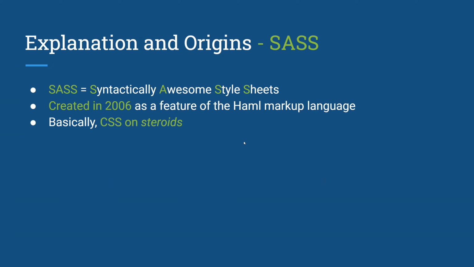It allows you to do everything you can do in CSS, but it allows you to keep your code a lot drier, and it provides you a bunch of tools that help you with development. So it's a CSS preprocessor that extends CSS with fun tools. What CSS preprocessor means is that it eventually gets interpreted or compiled into CSS.